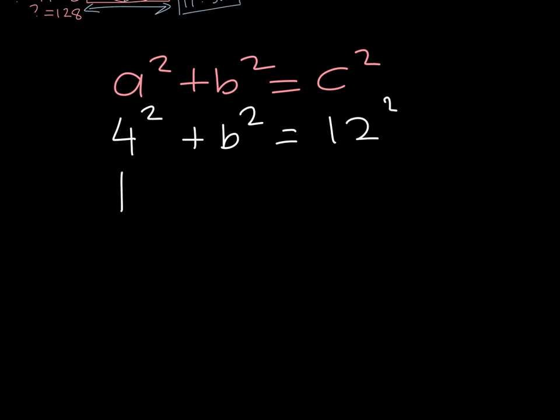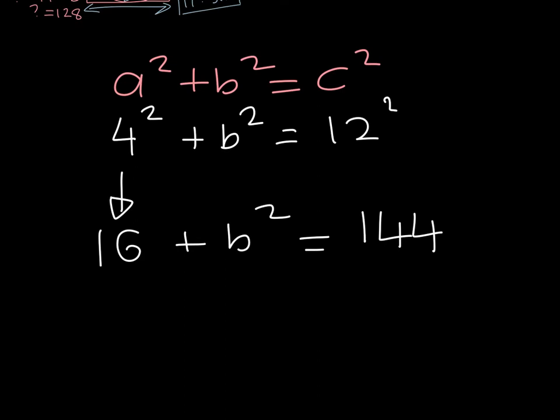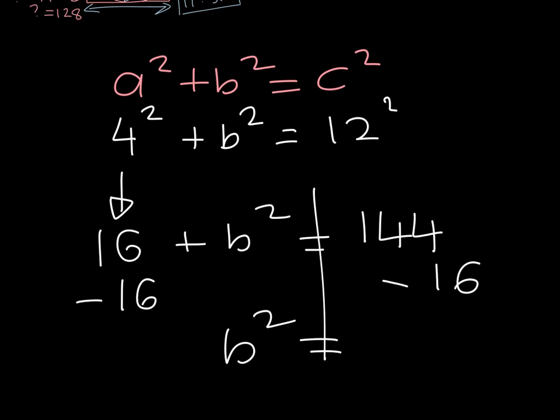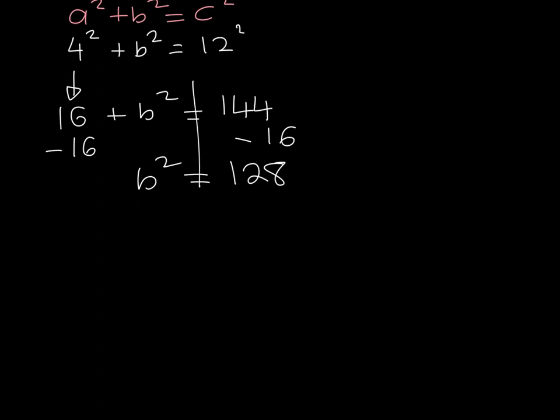So you could use the formula in the same way: 4 squared is 16, leave b squared, and then 12 squared is 144. You can then subtract the 16 from both sides to work out the b squared part, and that will give you the 128 again. And then your final stage on the balancing is to square root both sides to get b as what we just found, which was 11.3 to 1 decimal place.